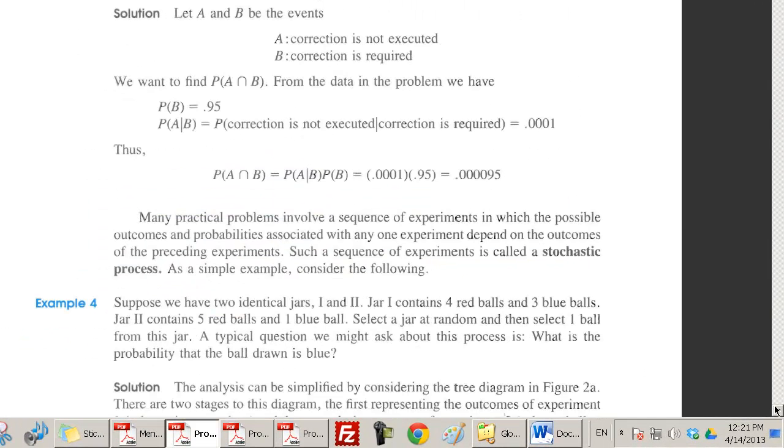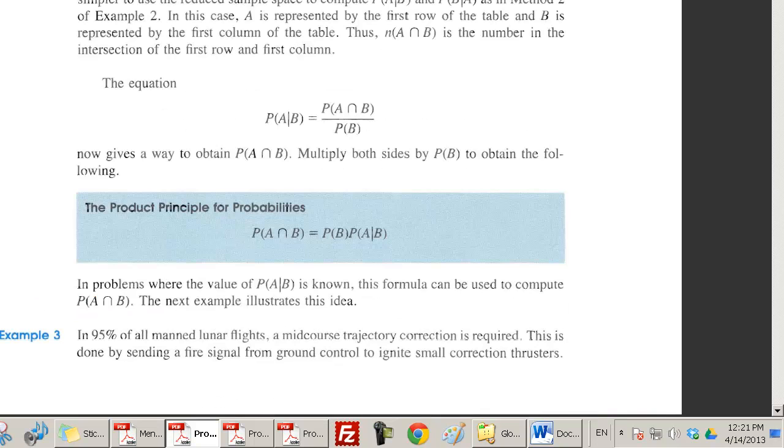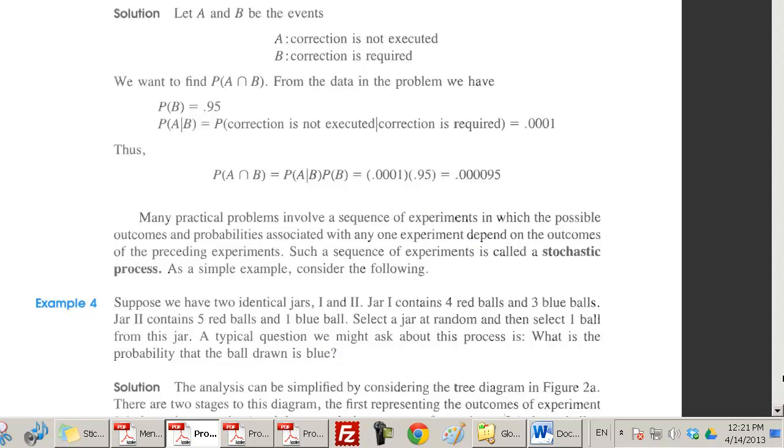Conditional probability. In 95% of all manned lunar flights, a mid-course trajectory correction is required. This is done by sending a fire signal from ground control to ignite small correction thrusters. For technical reasons, this fire signal is sometimes not executed by the thrusters.